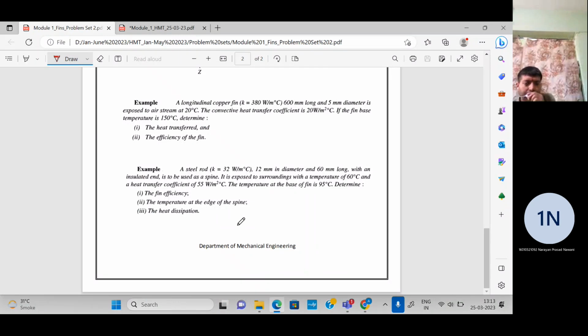Okay, so this is the last problem of this set. So problem 9. Just read the problem.